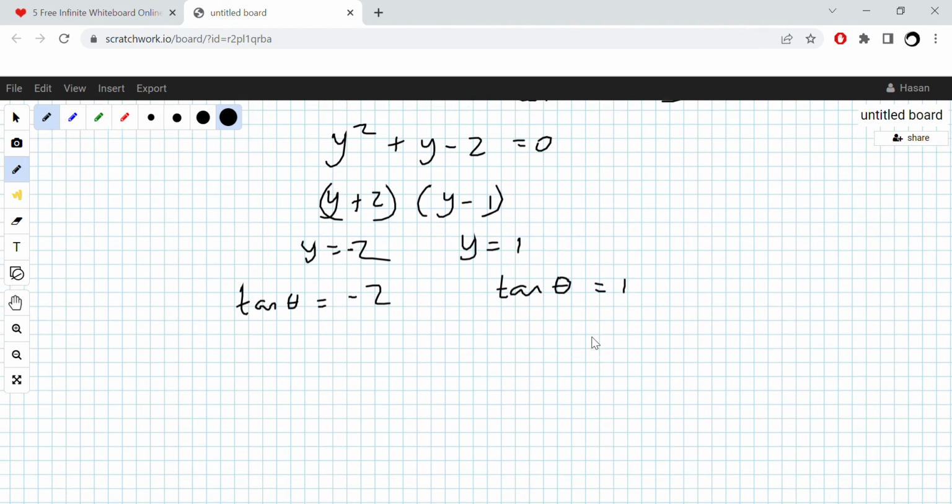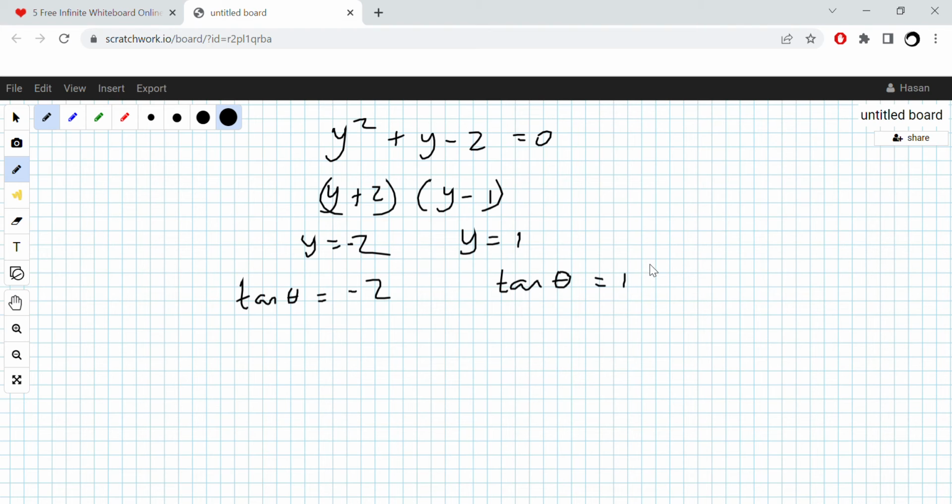We'll start off with the 1, which is positive because it makes it easier for us. Use our CAST diagram. When you pop in your calculator tan minus 1 of 1, you should get 45 degrees, which is this one.